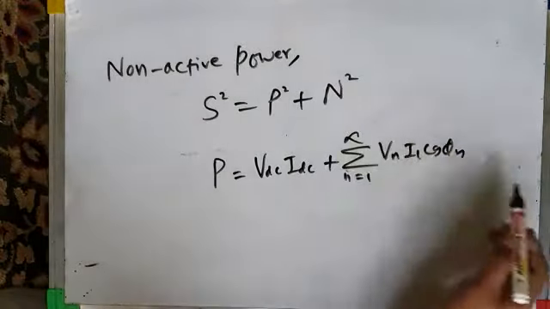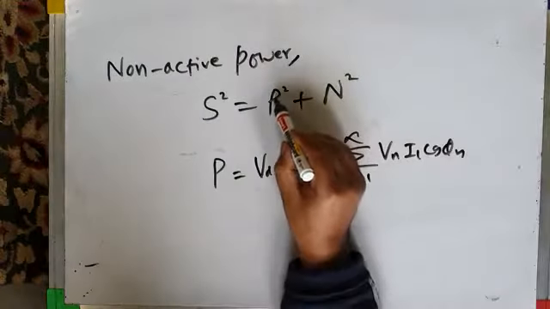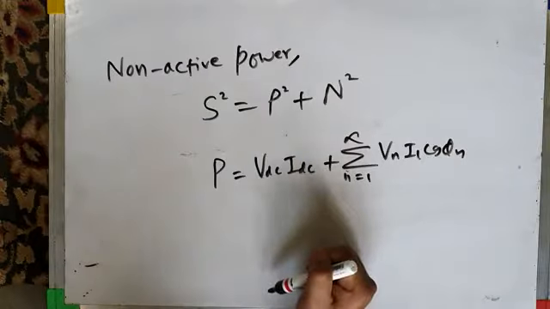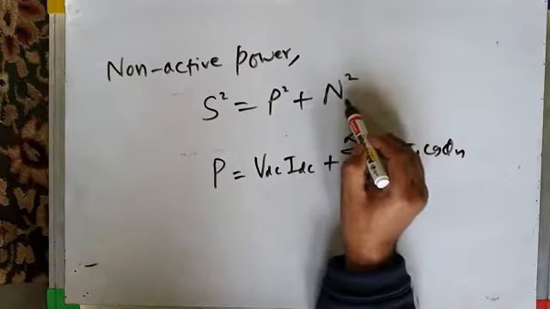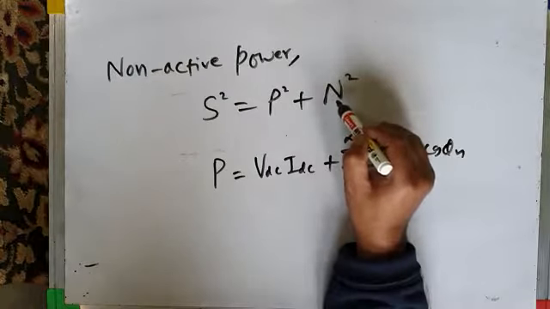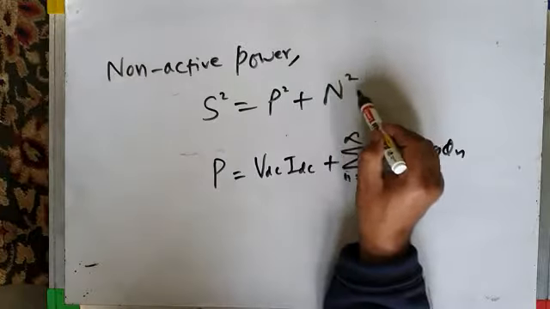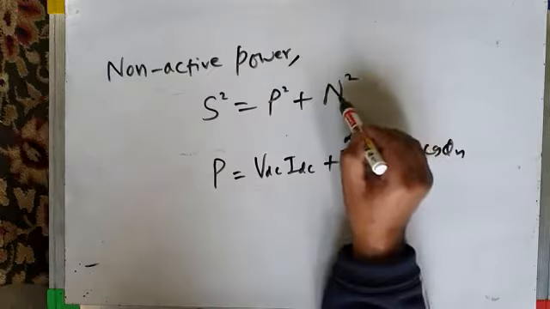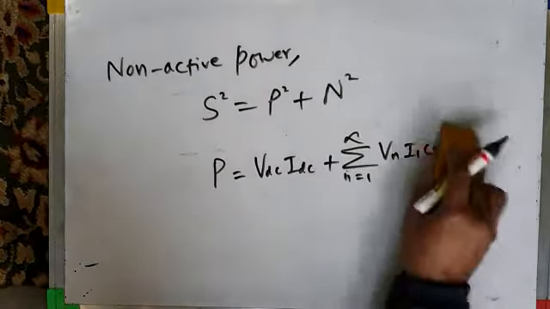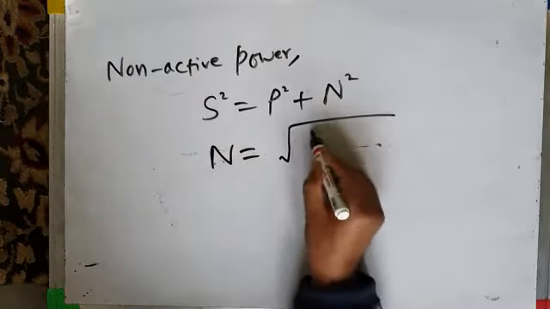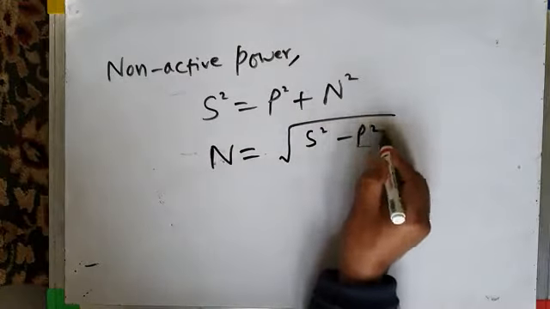So the apparent power will have all this power, which we call active power, plus whatever power remains, which is due to dissimilar harmonics, and the interaction of DC voltage and harmonics, DC current and harmonics and all that. That is called non-active power. So the equation for non-active power is under root of S square minus P square.